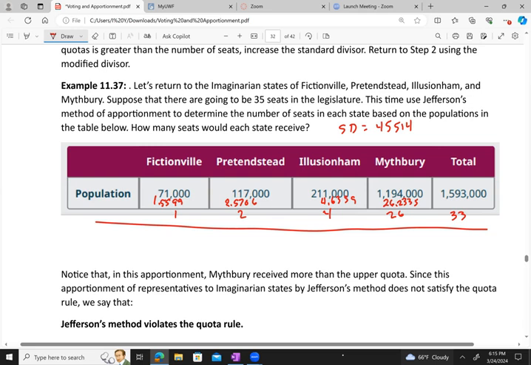Now, it took me 5 trials to get this right. And the modified divisor I used was 42,500.